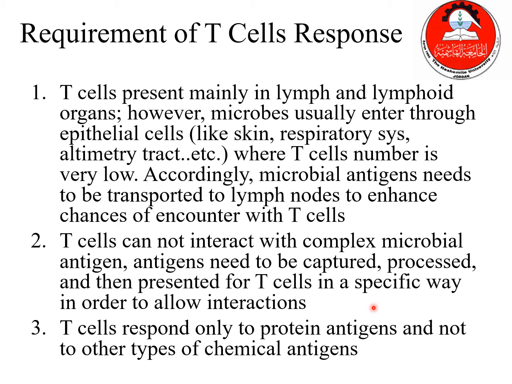T cell responds only to protein antigens and does not respond to other types of chemical antigens. يعني T cell respond to protein antigens. إذا في عندنا polysaccharides, lipoproteins, it does not respond to these antigens. طب في الحالة هاي who's going to respond؟ البي سيل.